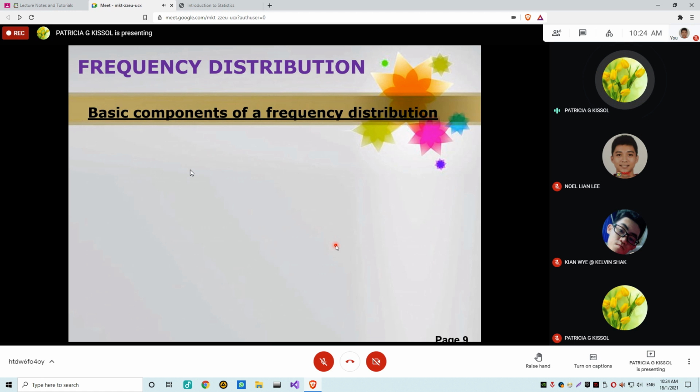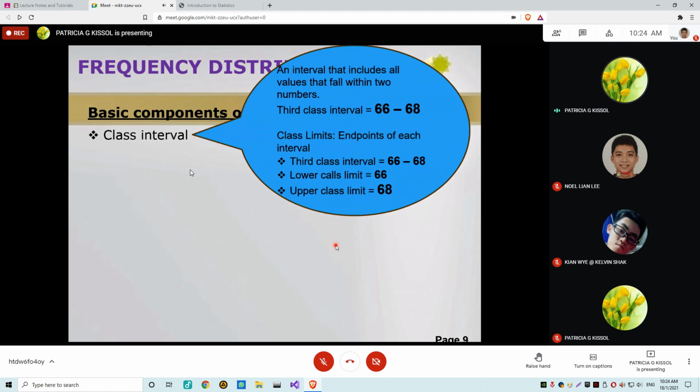Right. So when we construct a frequency distribution, there are some basic components that you must know. There are 4 actually. The first one is what we call the class interval. Now, the class interval is an interval that includes all values that fall between the 2 numbers. So remember the third class? The third class was covering 66 to 68, yes?